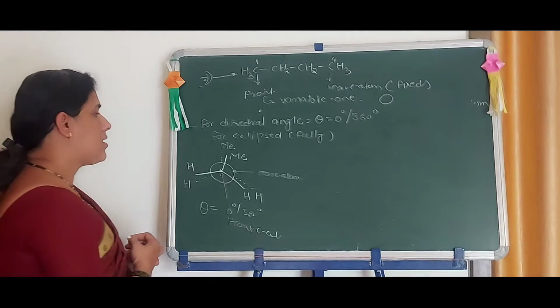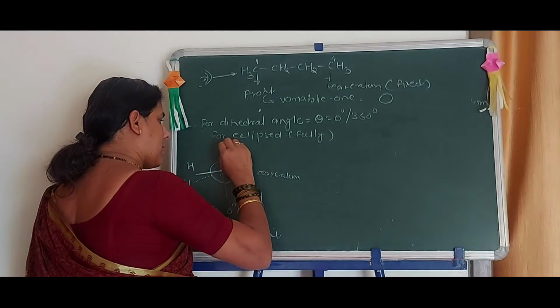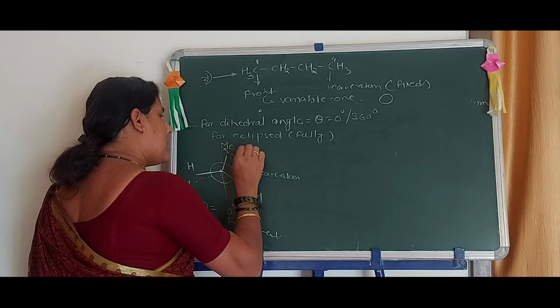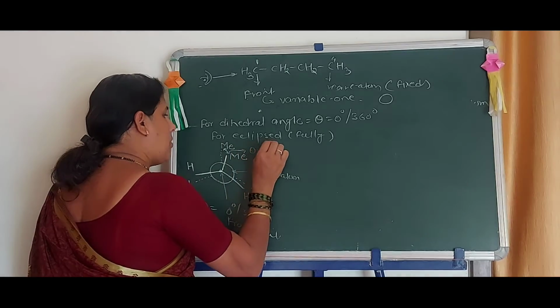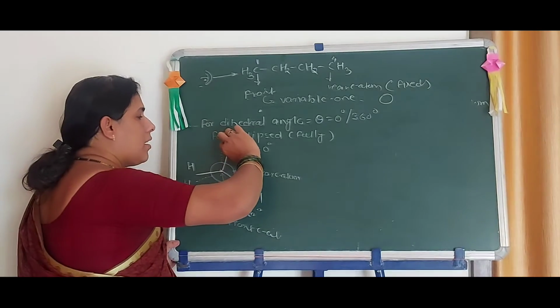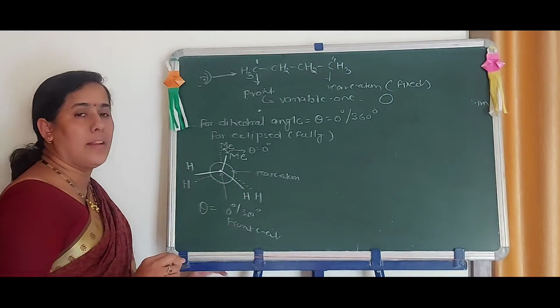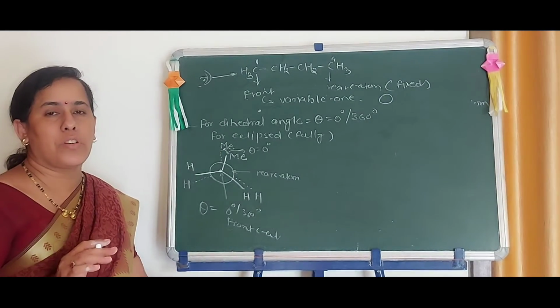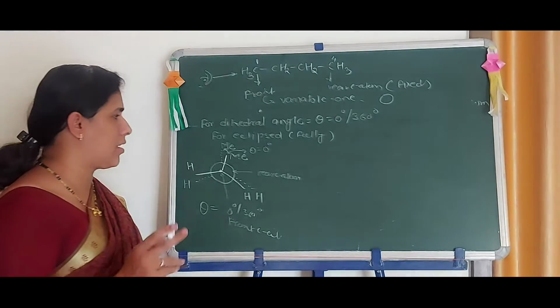Which angle is equal to 0 degrees? That is the angle between these and this. This angle is theta equal to 0 degrees. Here, due to the bulky methyl group, there is also formation of steric strain.